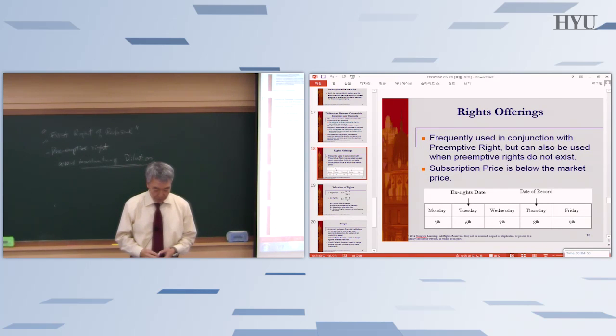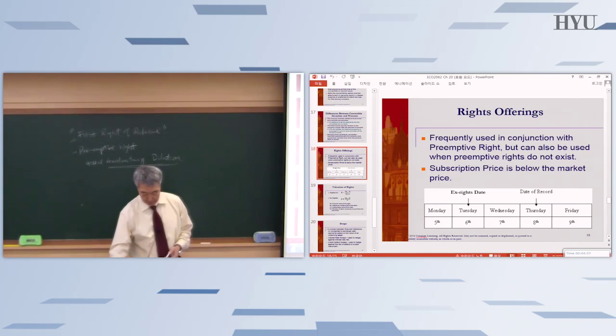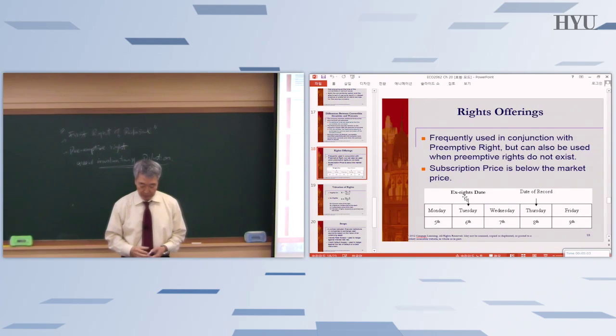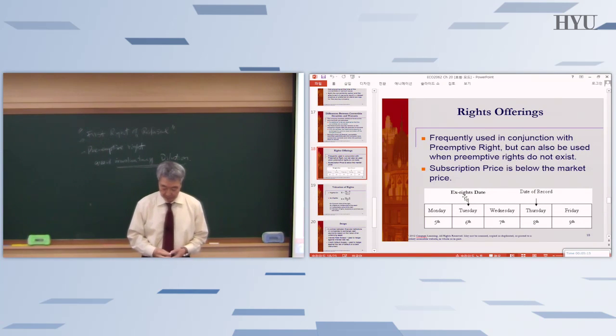Couple of things we have to understand there. It's called subscription price instead of strike price in the case of rights offering. So subscription price, as I said, is usually below the market price. And there are the date of record and the ex-right date.